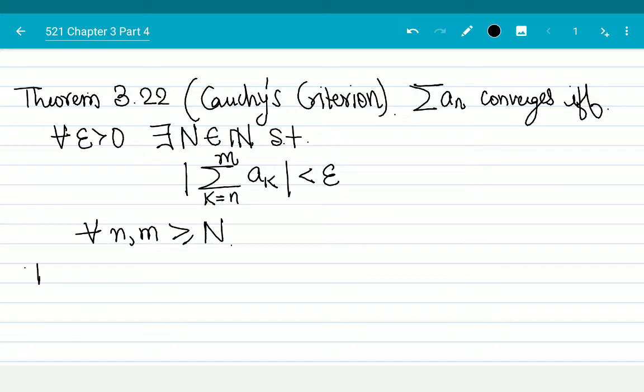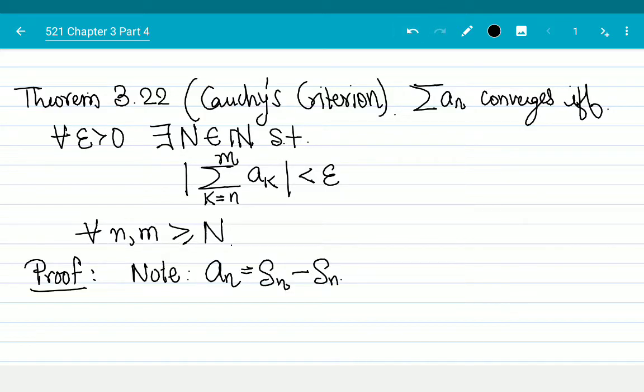Proof is relatively easy. I'm not going to write the complete proof. Note, I want an. an is equal to Sn minus Sn minus 1, with a1 is equal to S1.